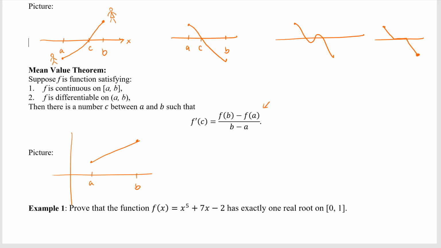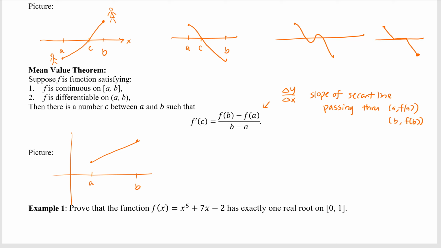Okay, so this is change of y over change of x. This is the slope of the secant line passing through (a, f(a)) and (b, f(b)).